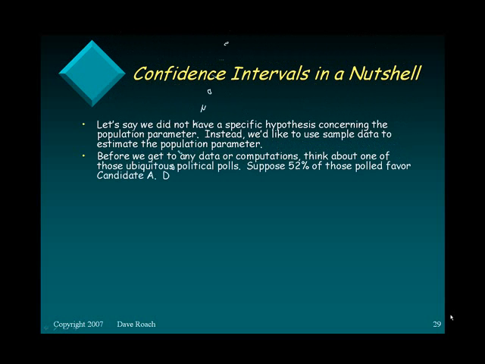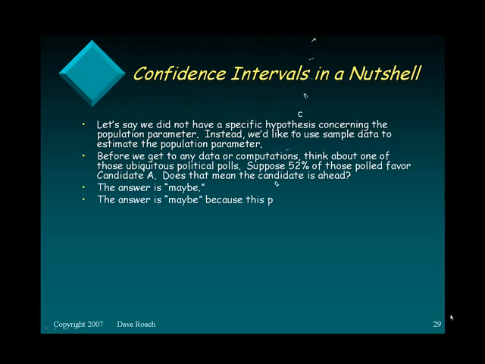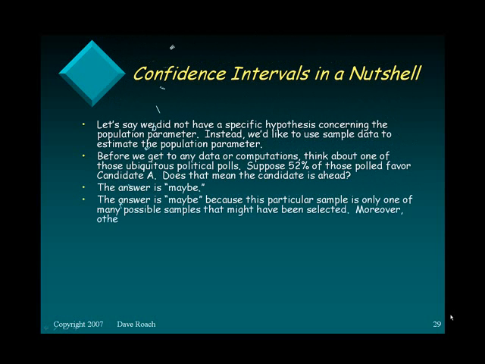We've all seen these political polls where you might say that 52% of those polled favor a particular candidate. What we want to know is that enough to conclude that that candidate is ahead and that we can be confident of that? Well, maybe. Again, remember that statistics vary from sample to sample, and this is only one of the possible samples.